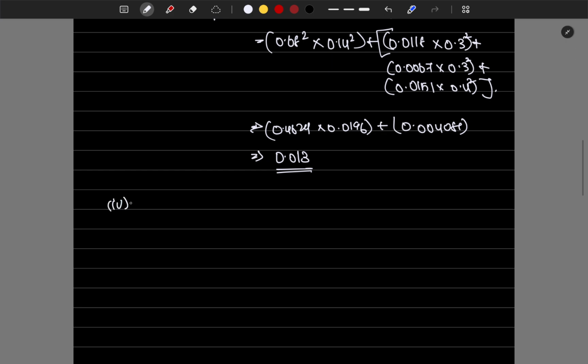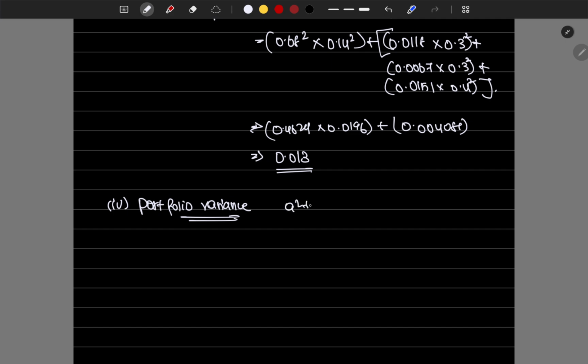We'll do the same thing for portfolio variance using Markowitz, which is modern portfolio theory. Here three securities are there.